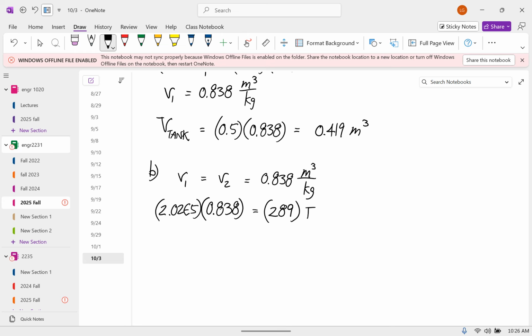Times T, and so now we can solve for T. This is the T2, and so T2 is equal to 585.73 Kelvin. Subtract out 273 if you want to see what it is in Celsius, and you get 312.7 degrees Celsius.